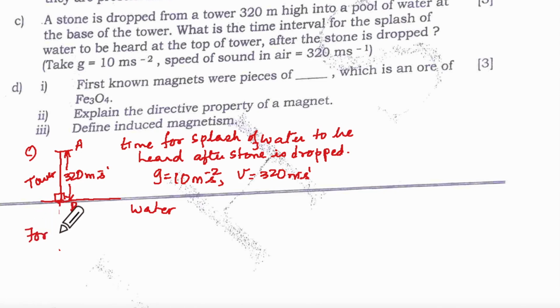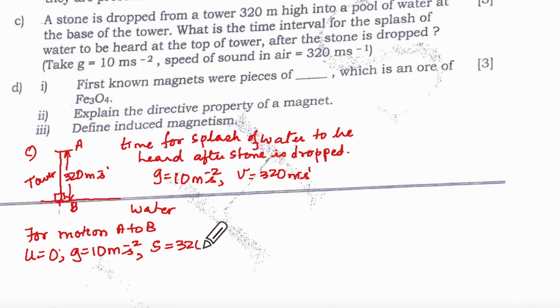So, for motion A to B, initial velocity is going to be how much? 0. Correct? g is going to be equal to 10 meter per second square. And the distance is going to be s, how much? 320 meters. Correct? So I'll have to find out in how much time it is reaching there.